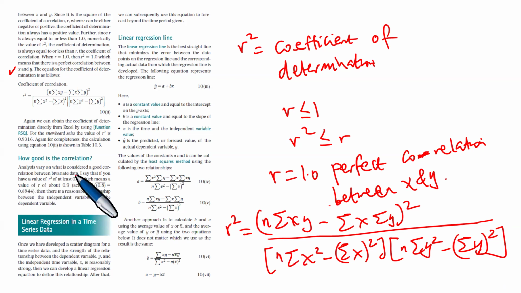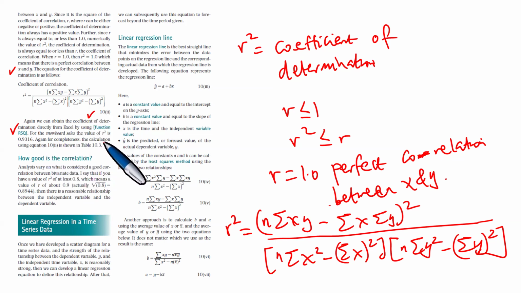Now let us continue and have a discussion on this. Again, we can obtain the coefficient of determination directly from Excel by using the function RSQ. Using the function RSQ in Excel, we can quickly determine the coefficient of determination.